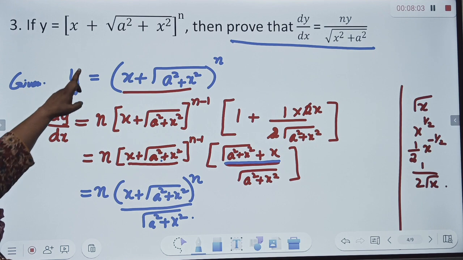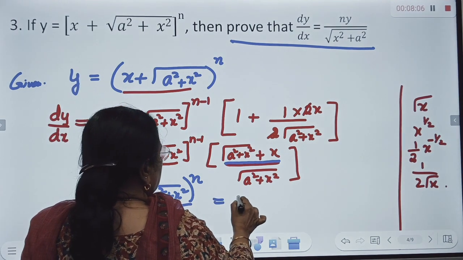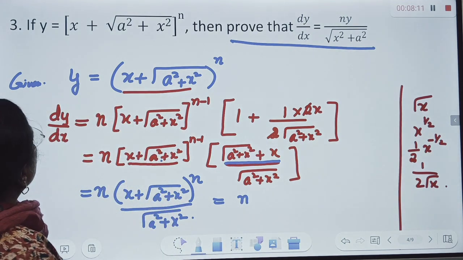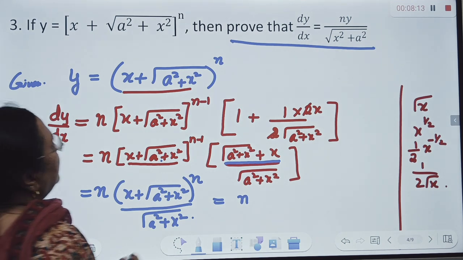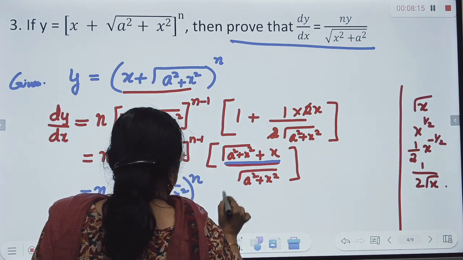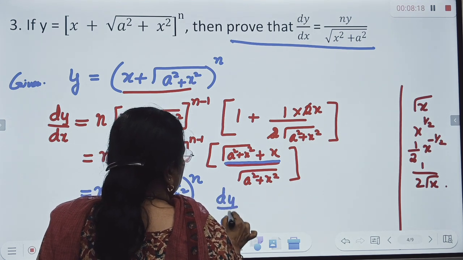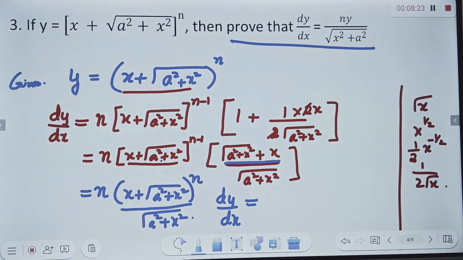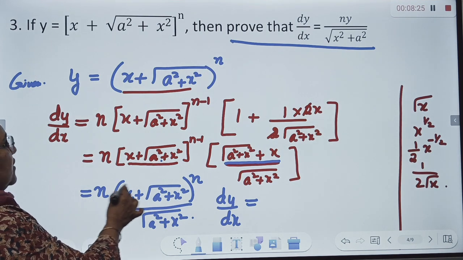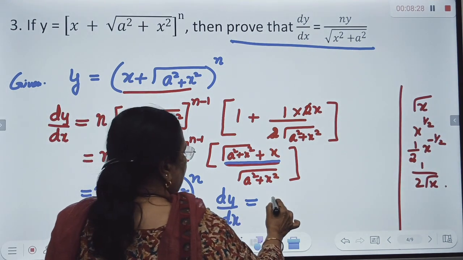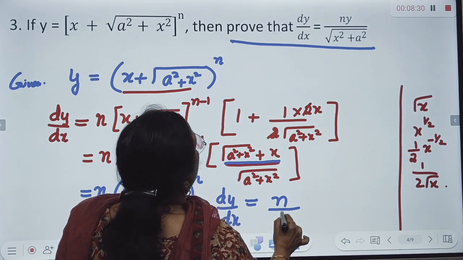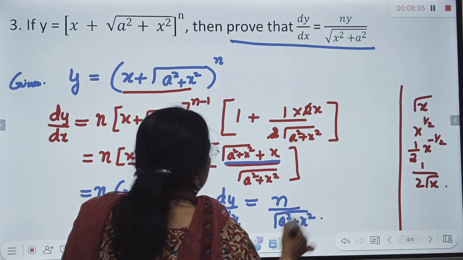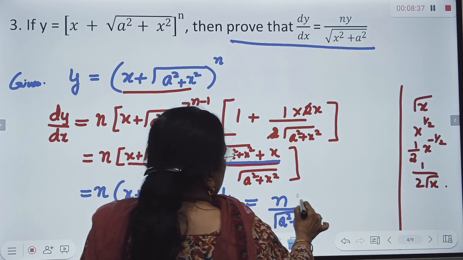Now what is your y? y is x plus this. So can I write this as n into, so in the left hand side what do I have? dy by dx. So therefore dy by dx is actually equal to, now this is n and this is y. n y power n by root of a square plus x square into y.